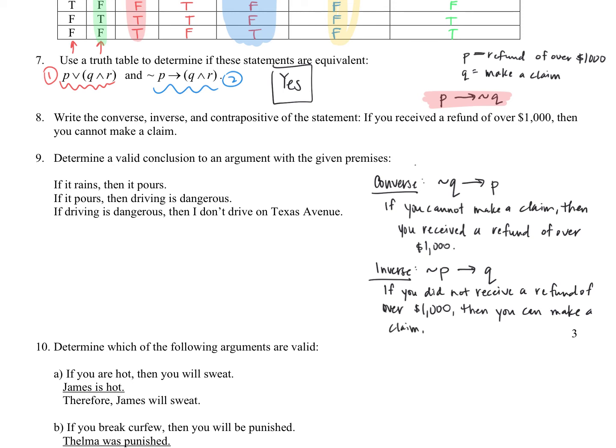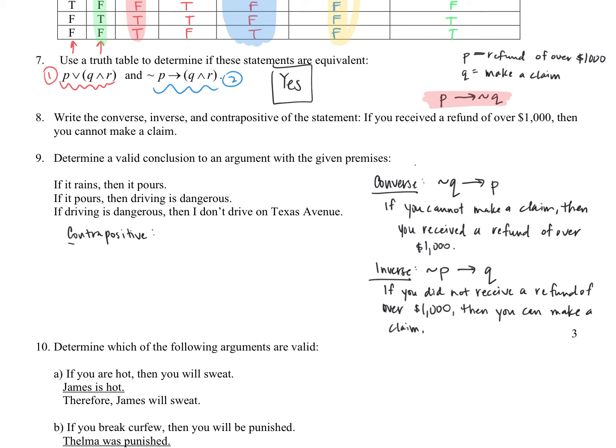So the inverse is keeping the same order, but changing the truth value of each part. Okay? Now the contrapositive is going to do both things. It's going to change the order and change the truth value of each piece. So I'm going to write it over here.